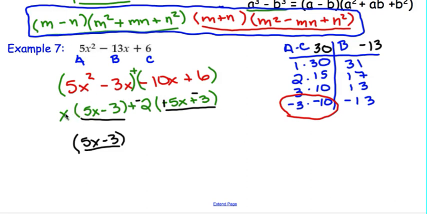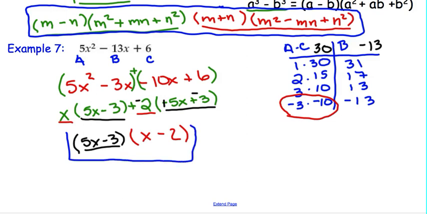And then I'm going to underline the parts that I put out as my greatest common factor in red and rewrite them down as x minus 2. And now 5x squared minus 13x plus 6 has been factored into 5x minus 3 and x minus 2.